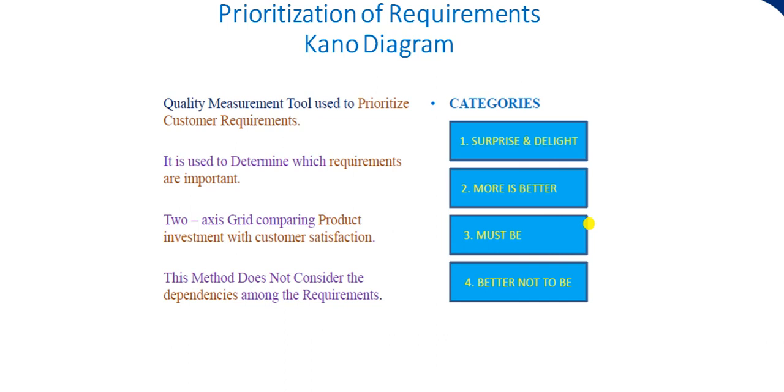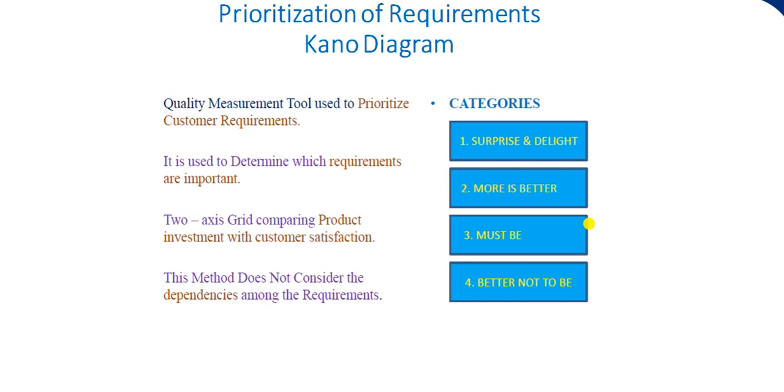Normally here, it is one of the quality measurement tools used to prioritize customer requirements. Then it is used to determine which requirements are important. It is a two axis grid comparing product investment with customer satisfaction. There also in cost value you have seen it was two axes. The X axis was for cost and the Y axis was for value.